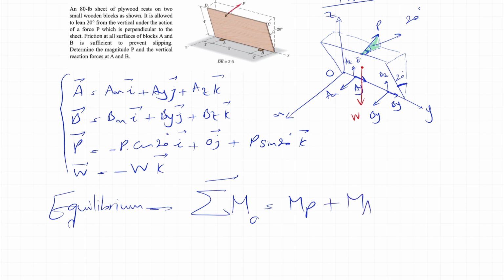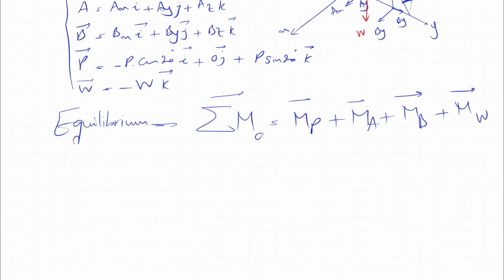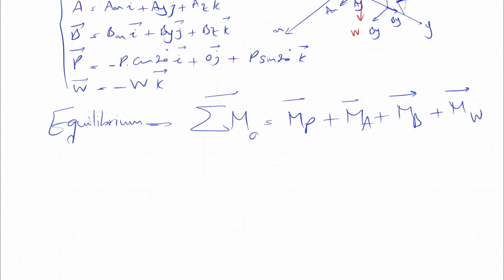For finding the moment, we have the moment of the force P, we have the moment of the reaction A, we have the moment of the reaction forces at B, and the last one is the moment of the weight. That's pretty much all the moments that we have.